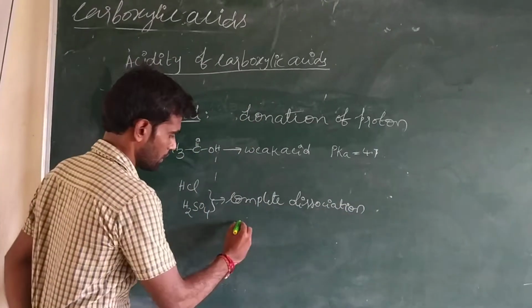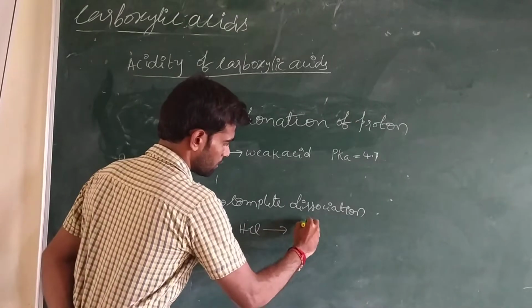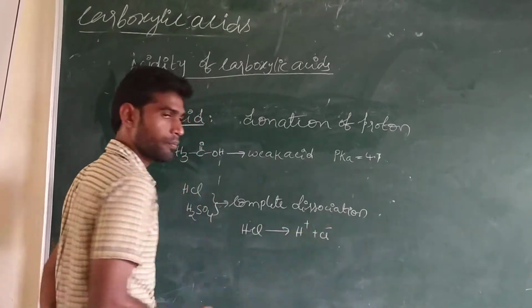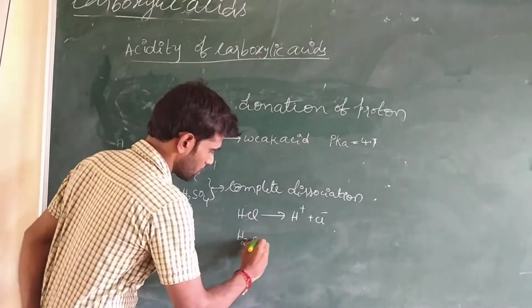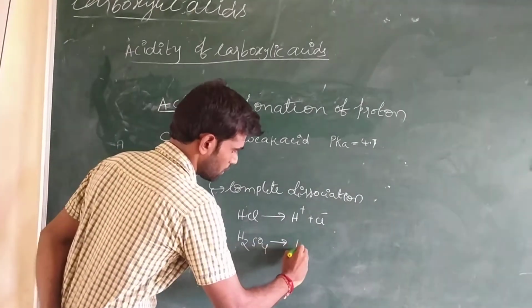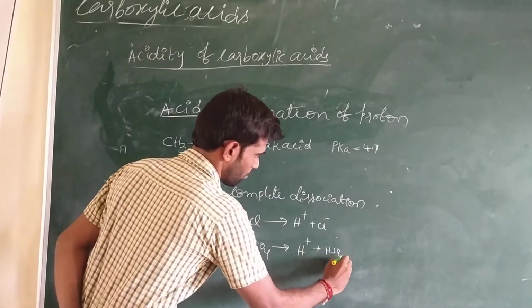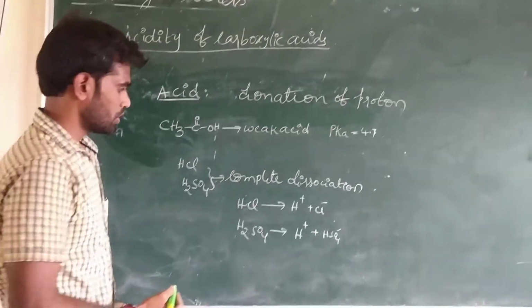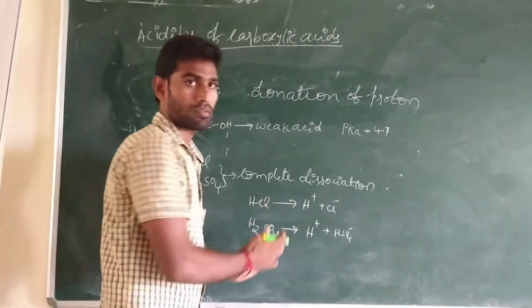For example, HCl undergoes complete dissociation and produces ions. H2SO4 also dissociates, producing H plus ions and HSO4 minus. Complete dissociation means 100% of the reactant is converted into ions.